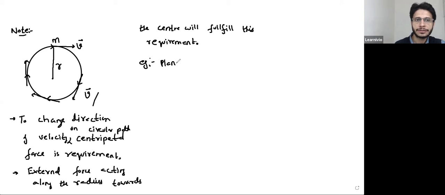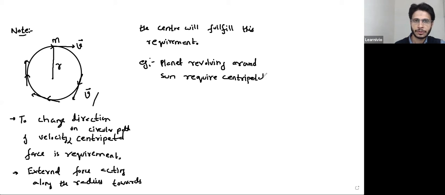A planet revolving around the sun requires centripetal force. This is the requirement for circular motion. Now, who will fulfill this requirement?